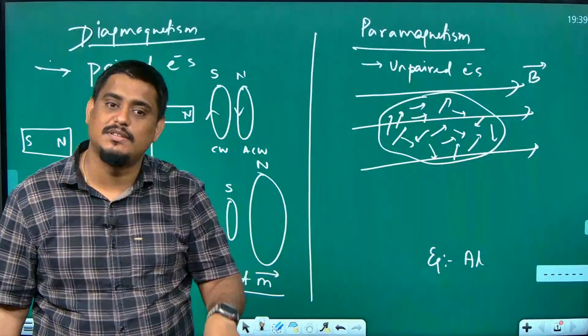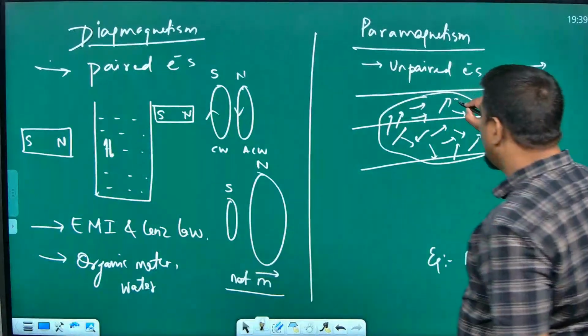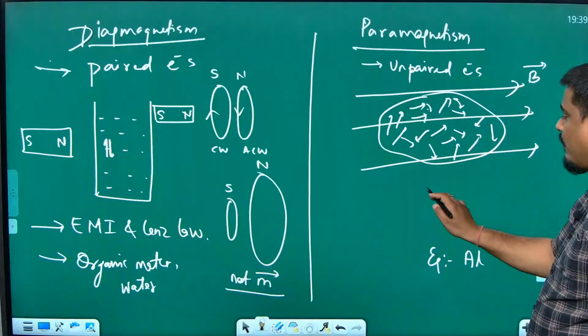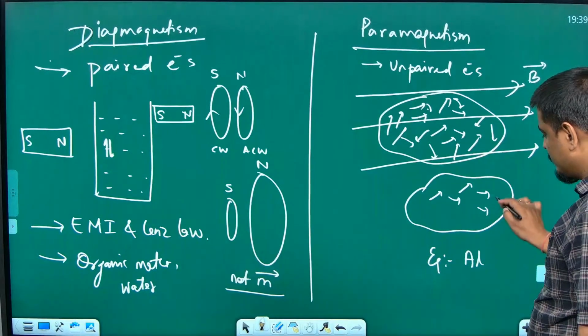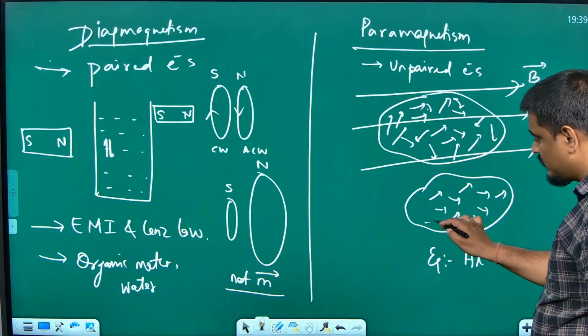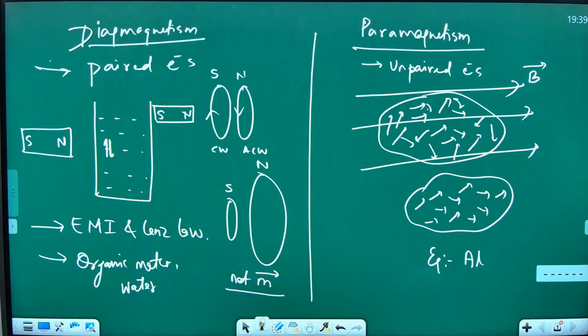So these dipoles will start to align, and it will look something like this, a little bit improved. So it will have some magnetic properties now.